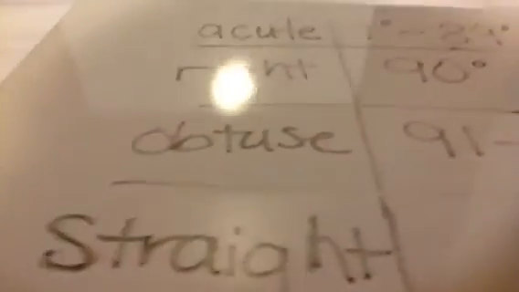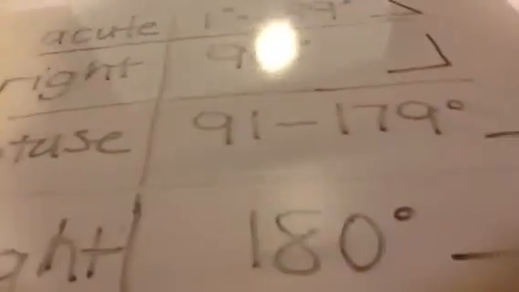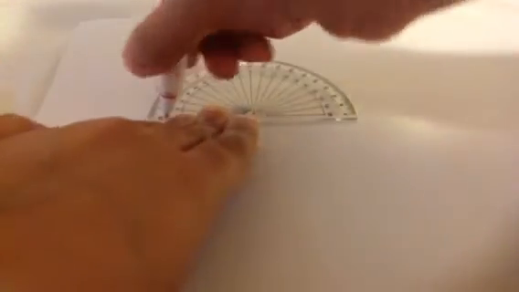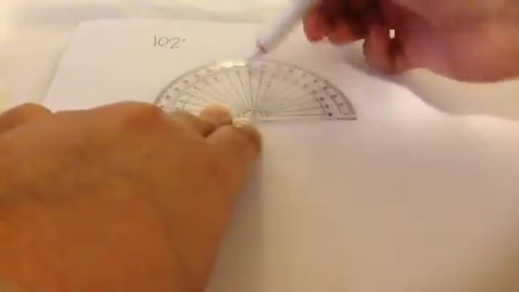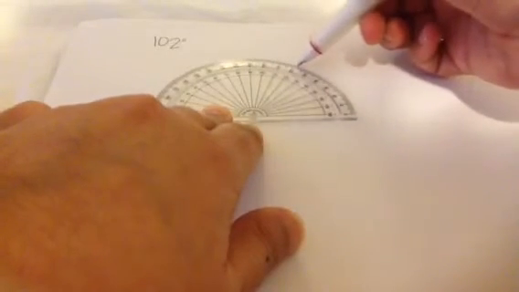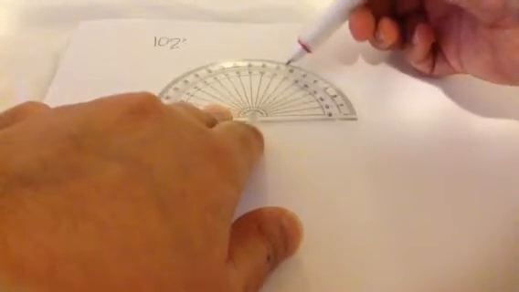Let's say they want me to draw a 102-degree angle. So 102 would be an obtuse angle because it's between 91 and 179. So I would put it here, pick a side to start on. Let's say I want to start over here. If I start over here, then this is my 90-degree angle, which means I'm drawing obtuse, so I actually need to come all on this side now.